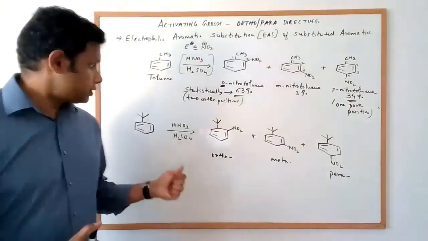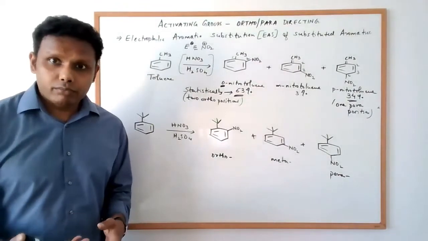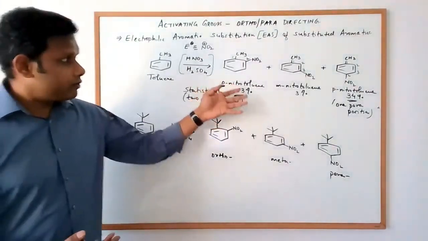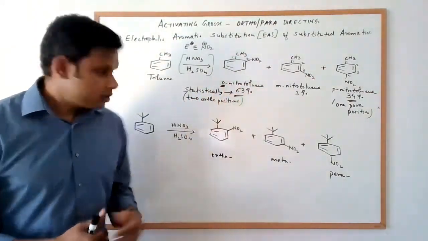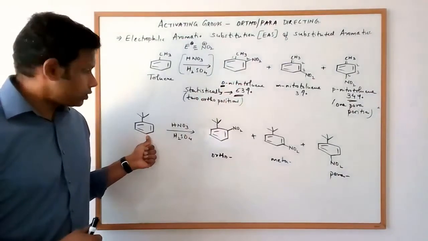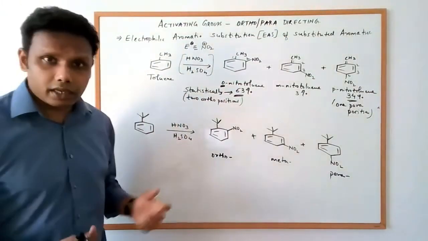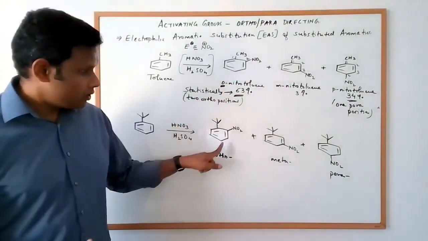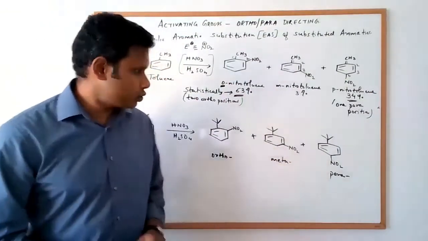So the nitration of tert-butyl benzene is a good example where this statistical favor which the ortho position enjoys does not work. So if we do a nitration of tert-butyl benzene, again, we'll use nitric acid and sulfuric acid. In principle, there are 3 possible products: the ortho nitro product, the meta nitro product, and the para nitro product.